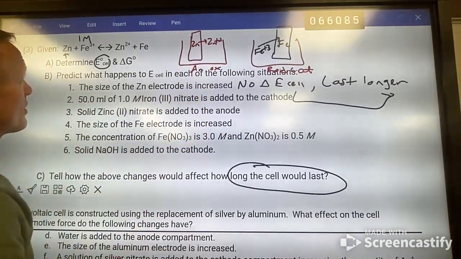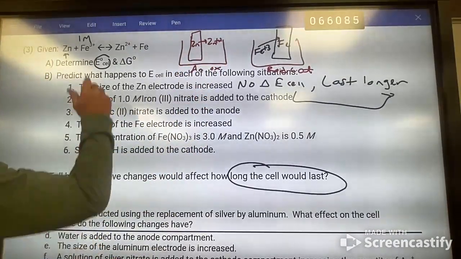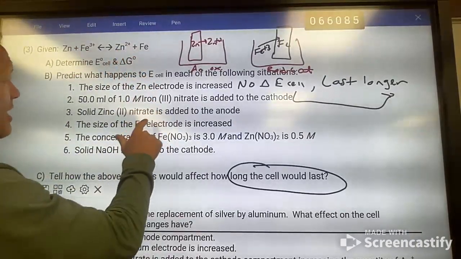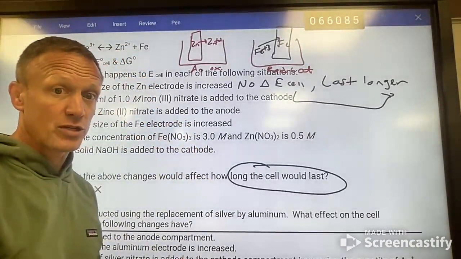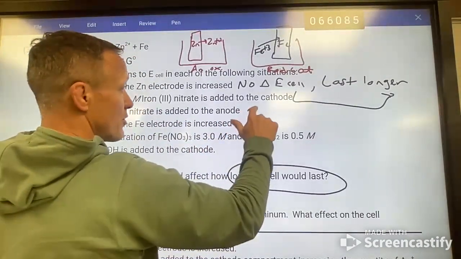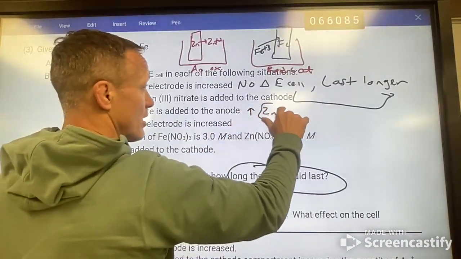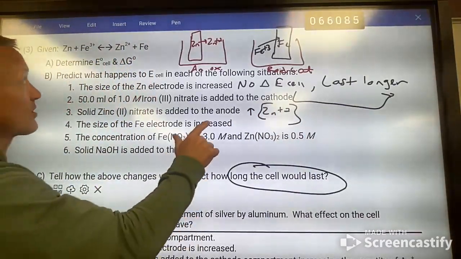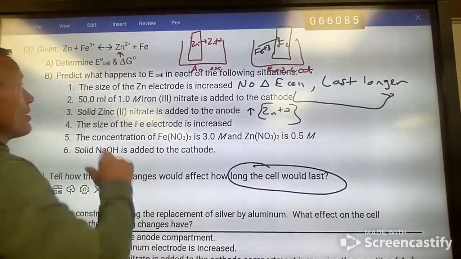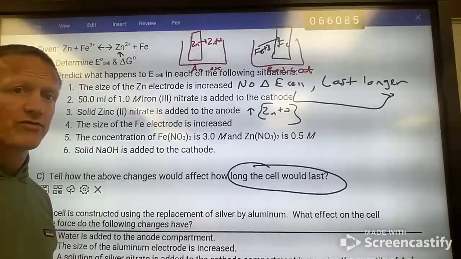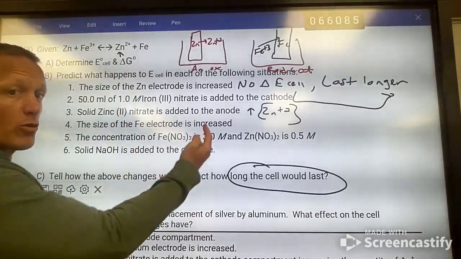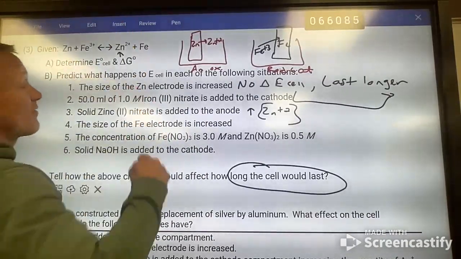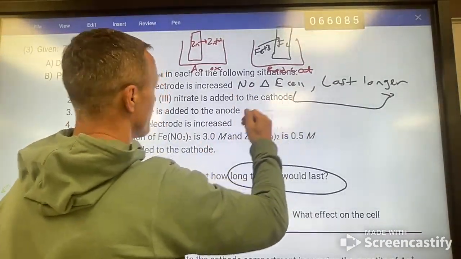Well, if we think about Le Chatelier's principle, if we add solid zinc nitrate, that means the zinc nitrate will dissolve, which means we're going to increase the concentration of zinc ions in there because we're adding solid, so it's going to dissolve, make more zinc ions. So we're increasing this molarity. Well, the equilibrium wants to shift to use that up, so our equilibrium will shift back left. Add zinc, shift back left, which would cause the potential of the cell to decrease.